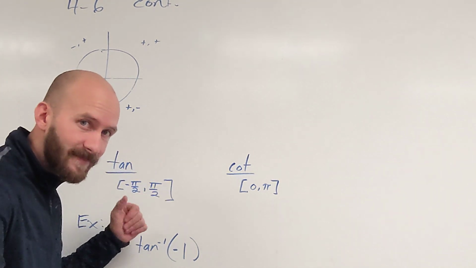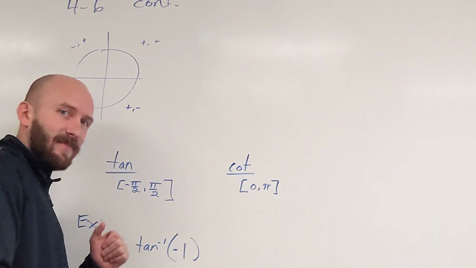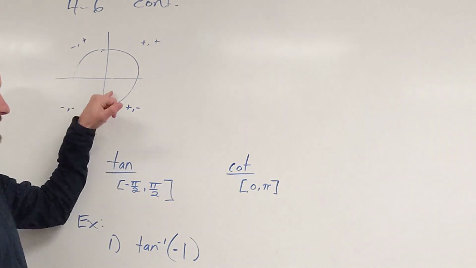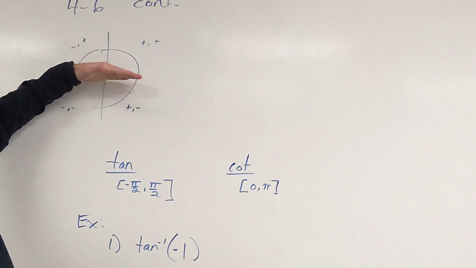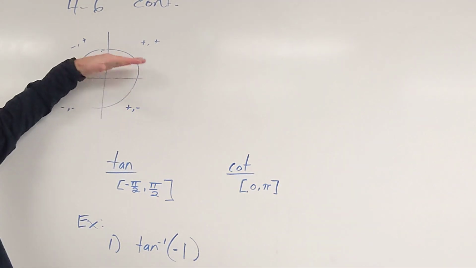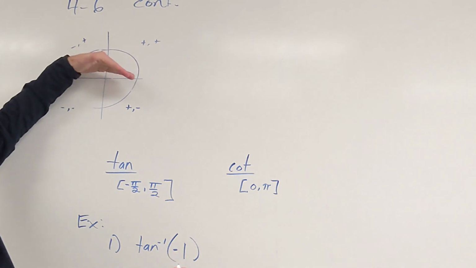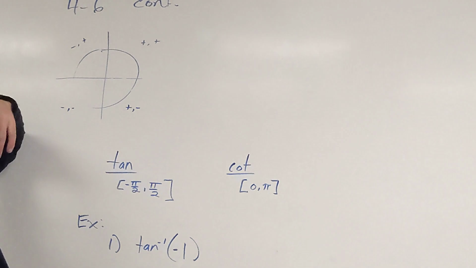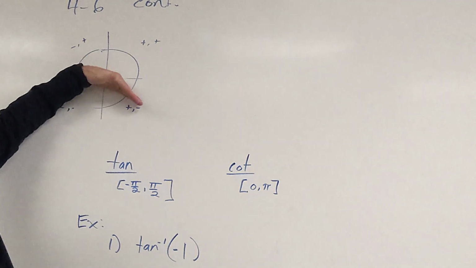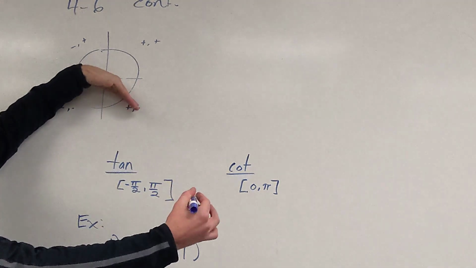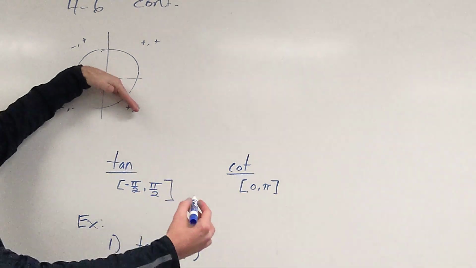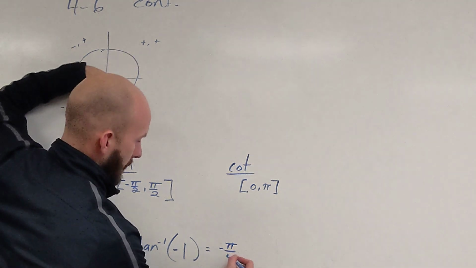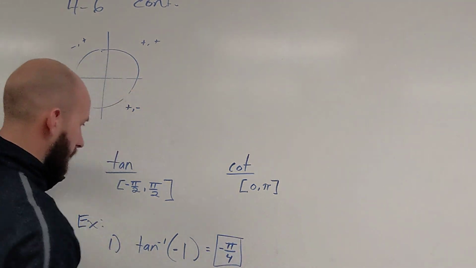Quadrant 4, so my angle is going to be negative. And if I want negative 1, where is y divided by x negative 1? Negative pi over 4, because that's where they're both square root of 2 over 2. So my answer is negative pi over 4.